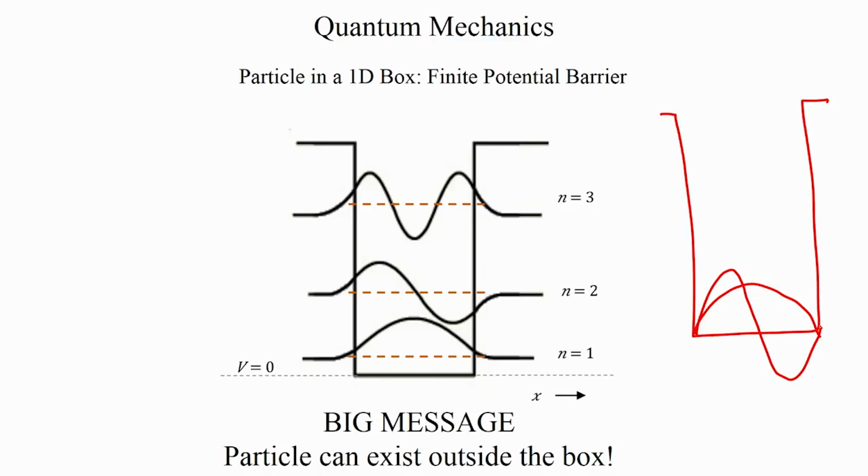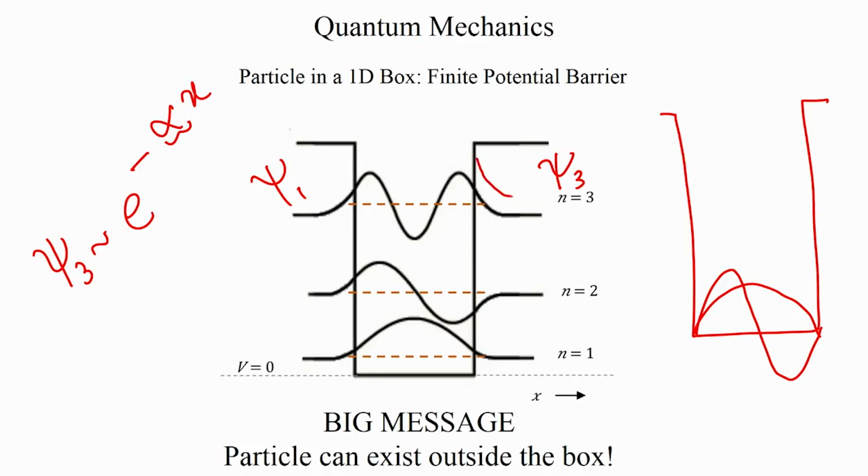Now in the case of a finite potential barrier, we have already seen that psi 1 and psi 3 can have an exponential solution. So if you look at psi 3, it varies as e to the power minus alpha x, with alpha being a positive number. So which means that the wave function has got a decay in space in the x direction.